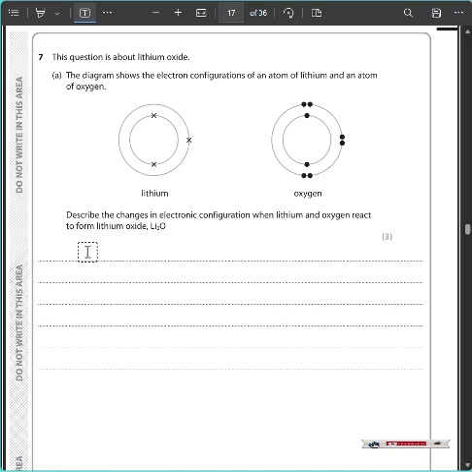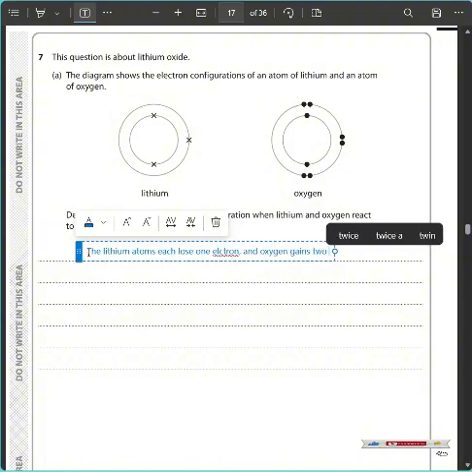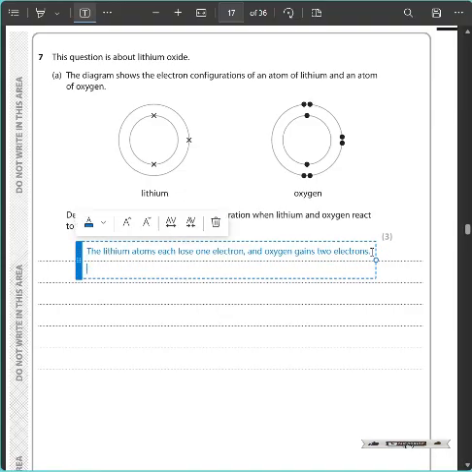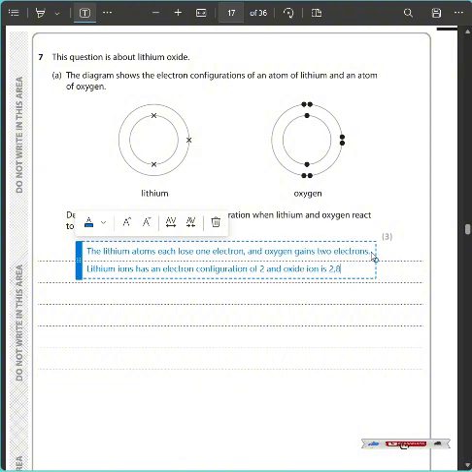Okay, two lithium atoms each lose 1 electron, and oxygen gains 2 electrons. Lithium ion has an electron configuration of 2, and oxide ion is 2,8.